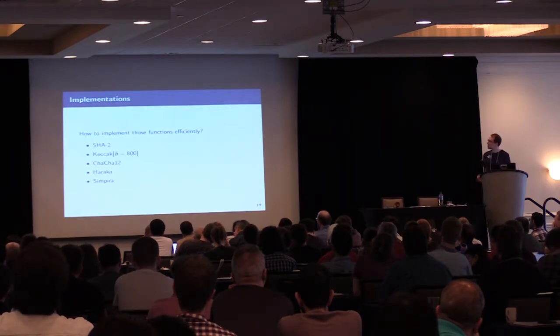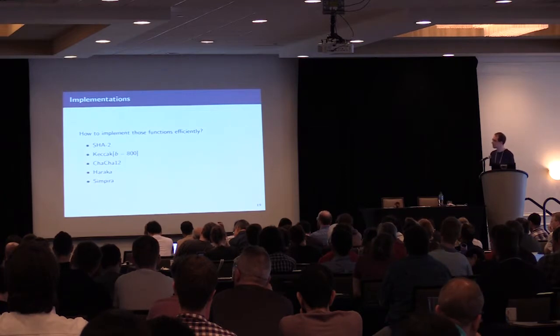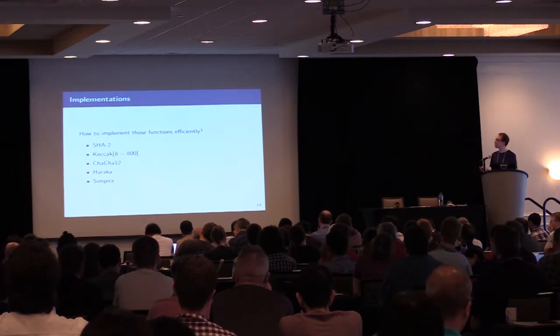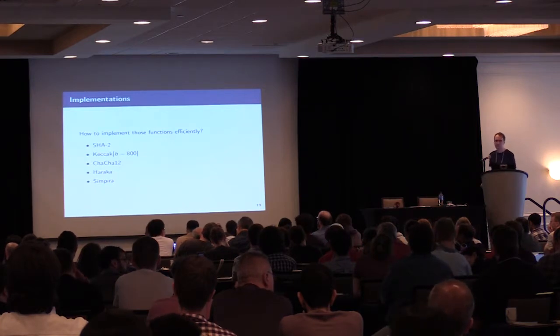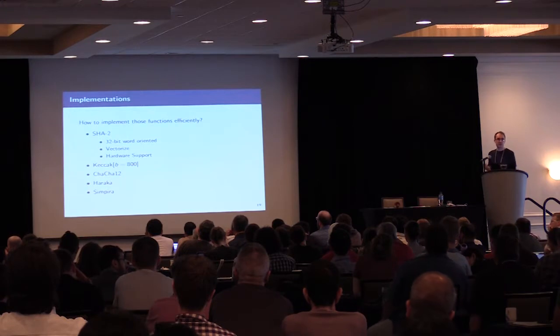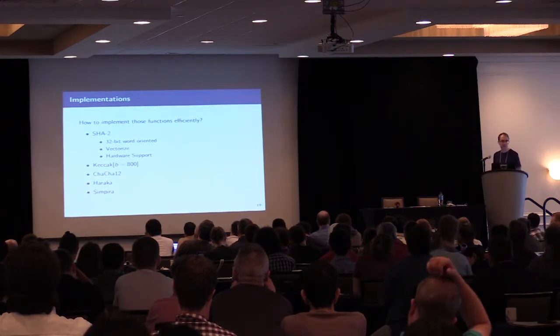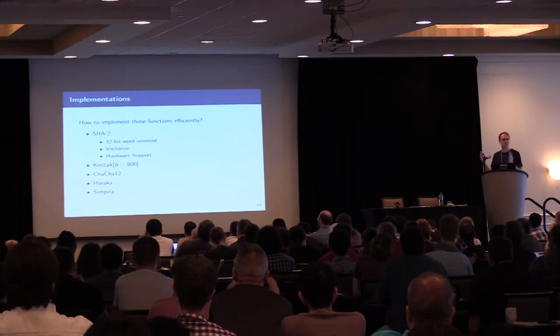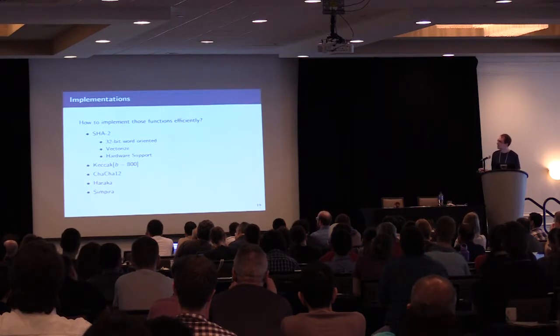Okay, now just a quick overview of how to implement those functions efficiently. I will only go briefly into this, but if you're interested, you can look at the paper or look at the implementations directly. The main thing is, if you want to implement SHA-2 efficiently, vectorize it. It's 32-bit word-oriented, so if you have a 256-bit vector, you can easily do 8 computations in parallel.